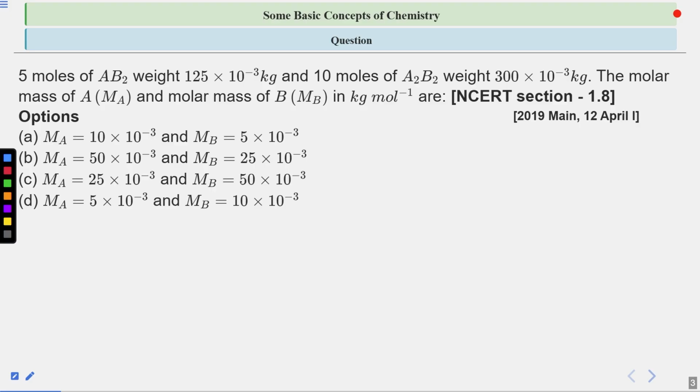The molar mass of A, which is represented by capital Ma, and the molar mass of B, which is represented by capital Mb, in kg per mole are. So 4 options are given for you. I'm giving you some time to think over this question, then we'll look at the solution.